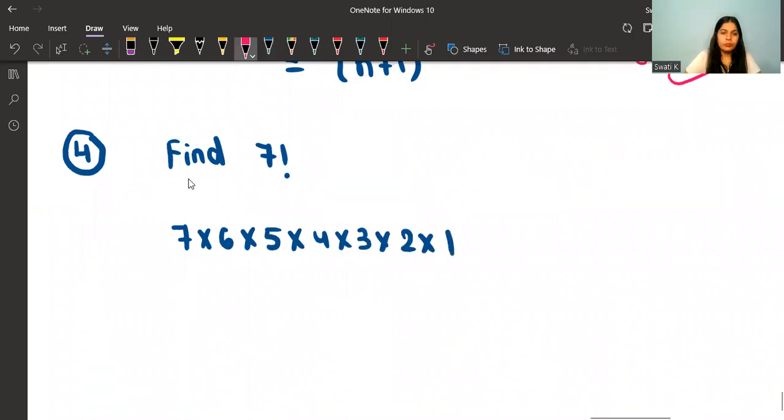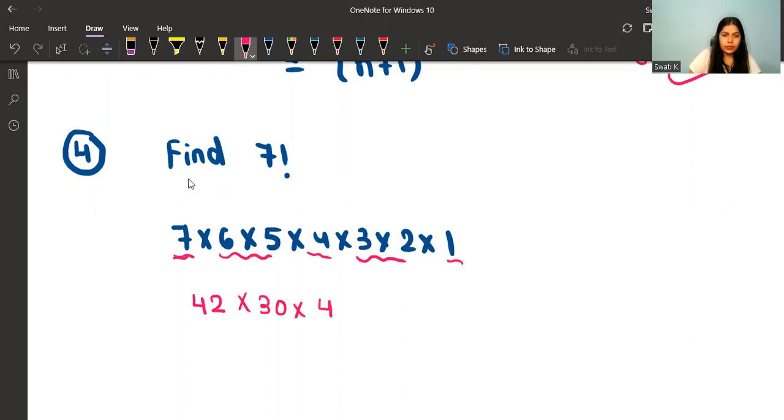So what I'll do here, I will simply do 7 times 6, that is 42. I'm just trying to make my calculation simpler. 42 times 6 times 5, that is 30. And then, of course, 4 times 1, that is 4, right?